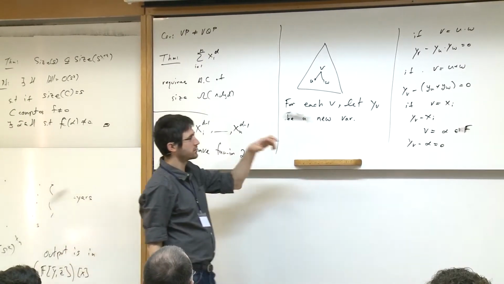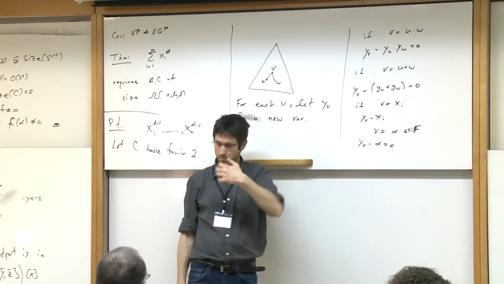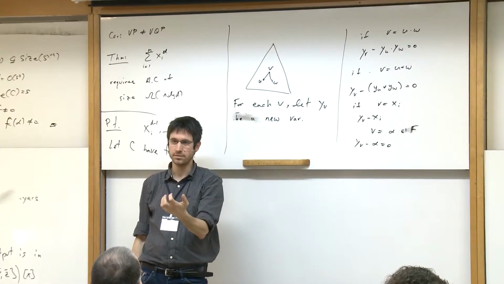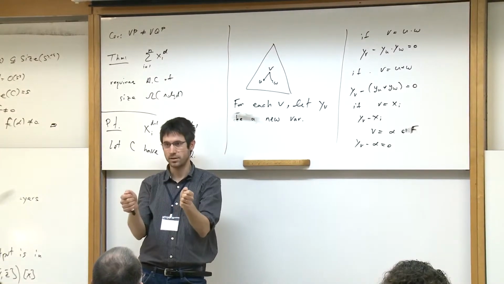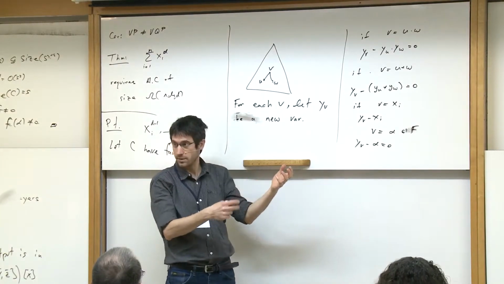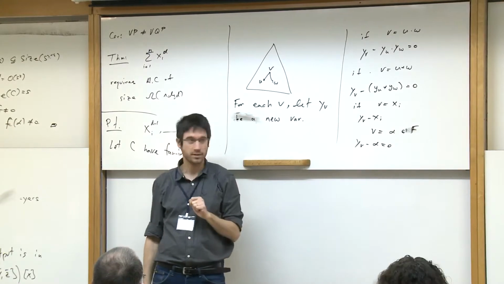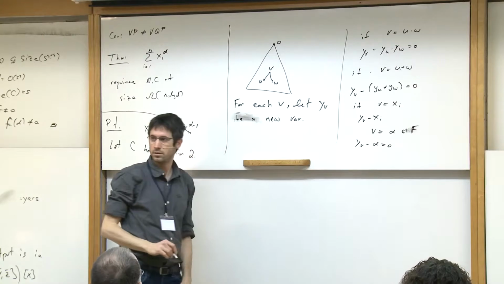So what happens here? Take any solution to that system of equations. What does a solution mean? You take a value for the x variables and a value for the y variables such that all those equations are satisfied. Let's call this gate O, the output gate.